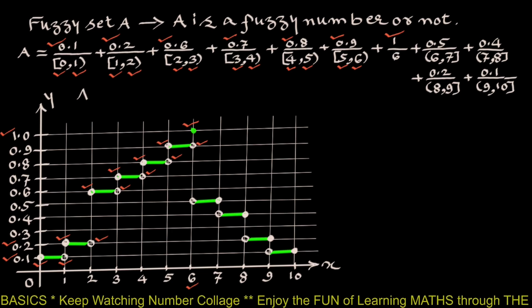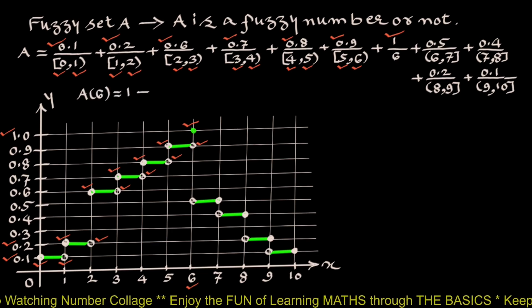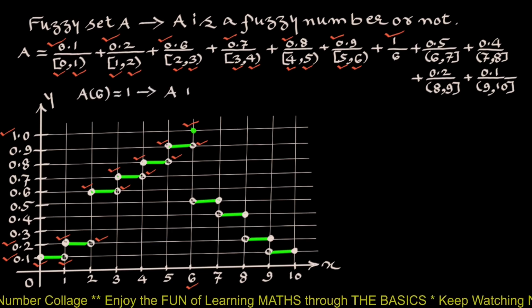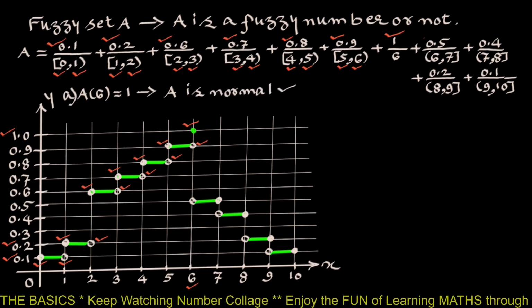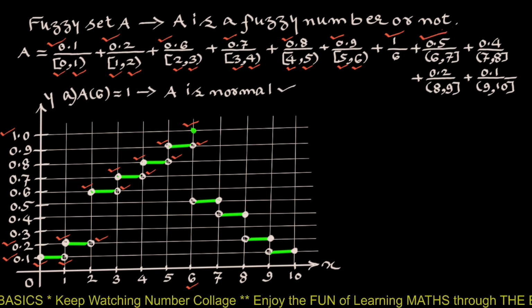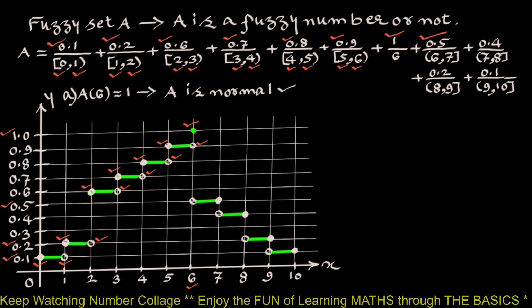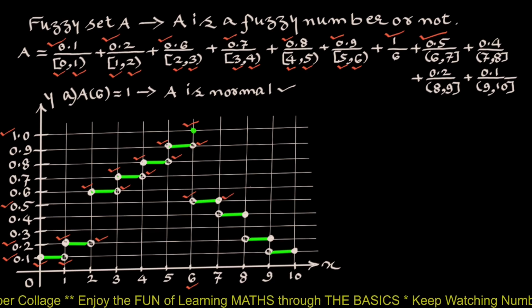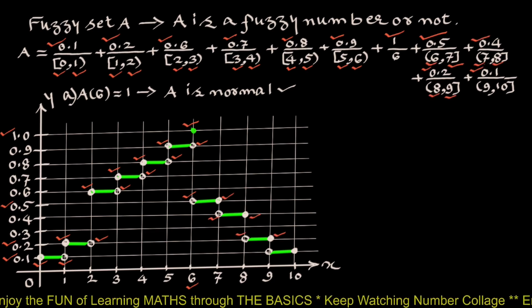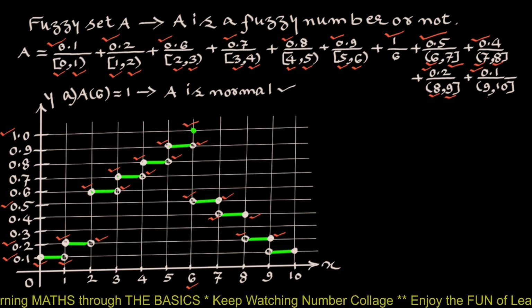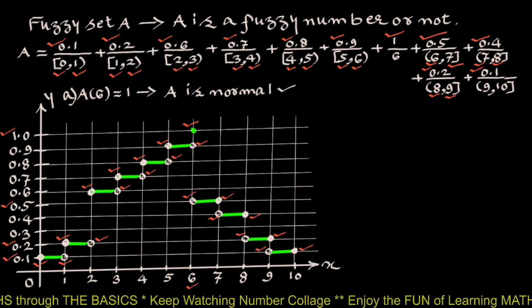So A of 6 is 1, implying fuzzy set A is normal, which satisfies the first condition A. For grade of membership 0.5, here its domain is open 6 closed 7, etc. And finally for grade of membership 0.1, here its interval is open 9 closed 10.